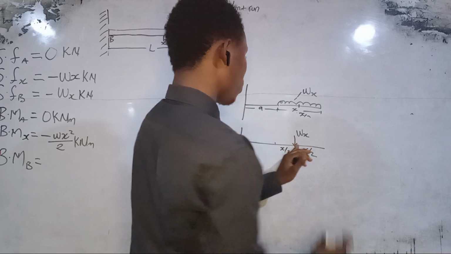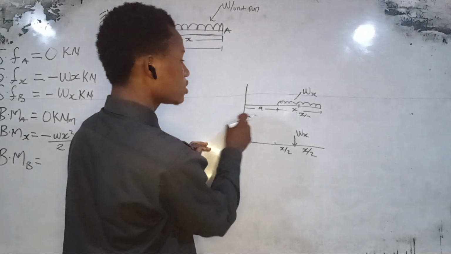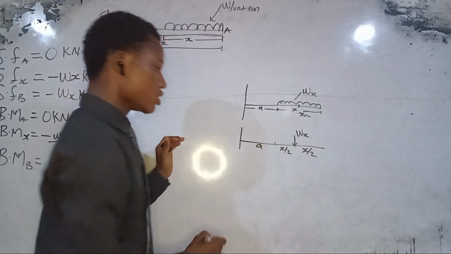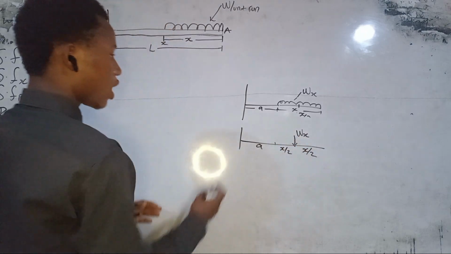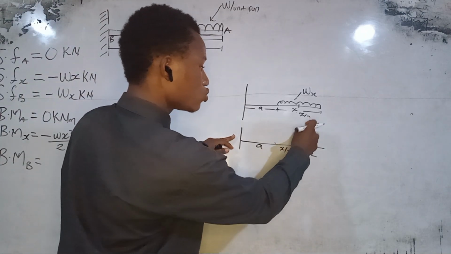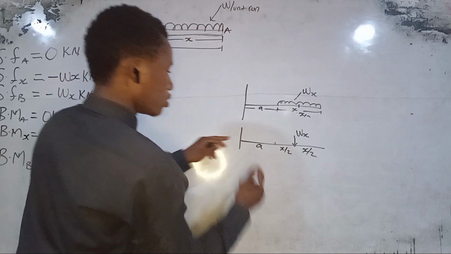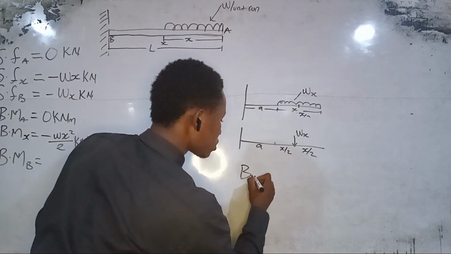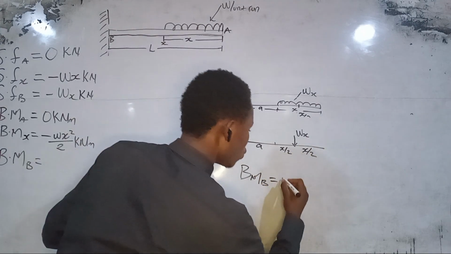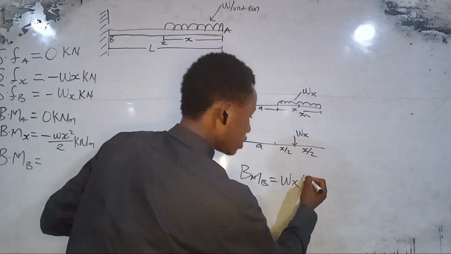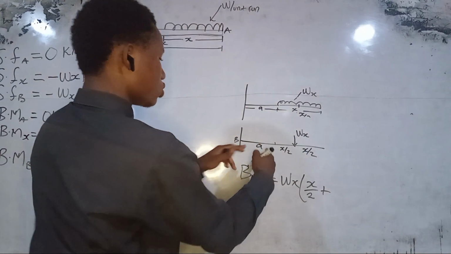So if I imagine that my point load is here, we have our X over 2, having divided it into 2. Then the remaining distance, which is here, would be Y. Our bending moment at point B would be equal to this load times the entire distance from here to here. So our bending moment at point B would be equal to W times X, and let's open another bracket for the distance, which is X over 2 plus the distance here.